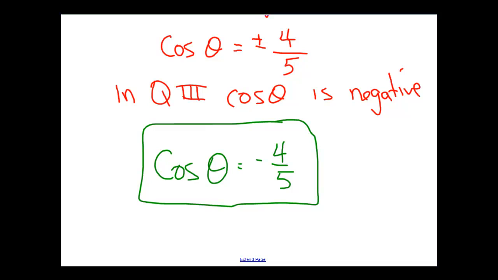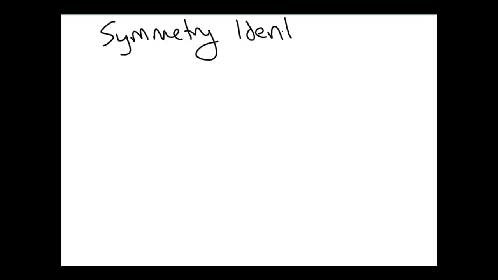We do have some other identities that don't get used quite so often. They go by the name of symmetry identities, and they make use of connections between values at various points on trig functions, primarily the fact that our trig functions are periodic, so we can make use of those.